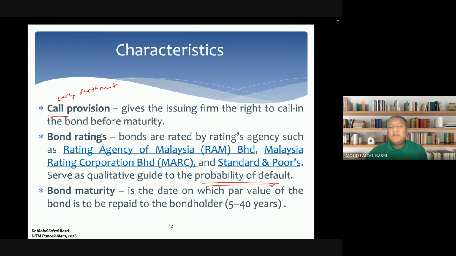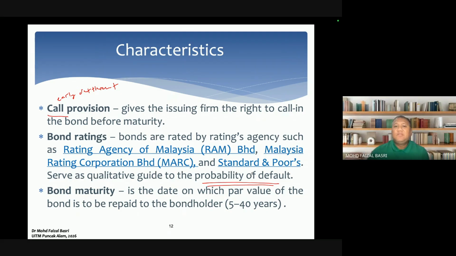Lower probability of default ni menunjukkan risiko dia rendah lah, risiko untuk dia default, risiko untuk dia tak mampu nak bayar balik tu rendah. So therefore the rating is high. So dia reverse inverse dia punya relationship. The higher the ratings, the lower the chances of default. So vice versa, kalau rating dia rendah, probability untuk dia default tu tinggi.